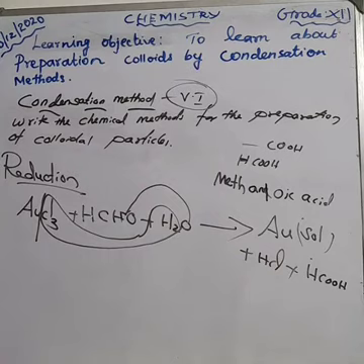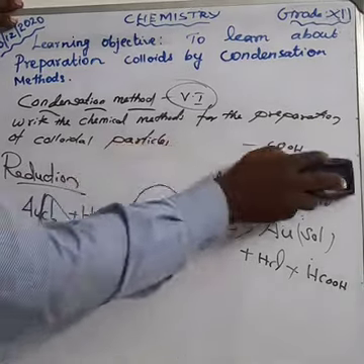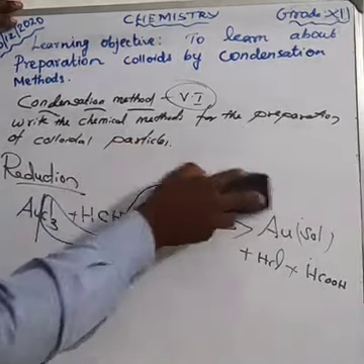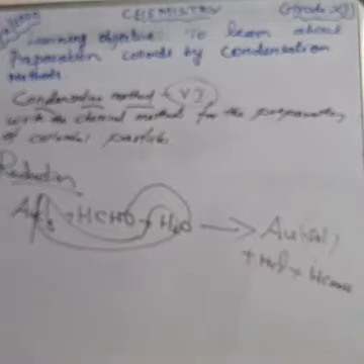Methanoic acid. That we can discuss later. As per this equation, you write any one name: formic acid, otherwise, if you write the IUPAC name, methanoic acid.